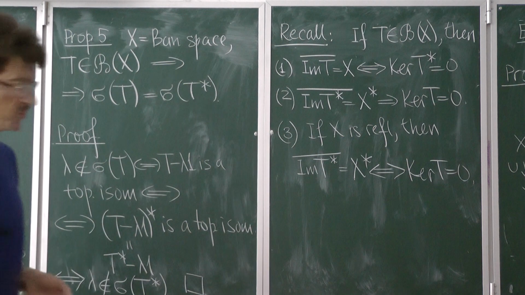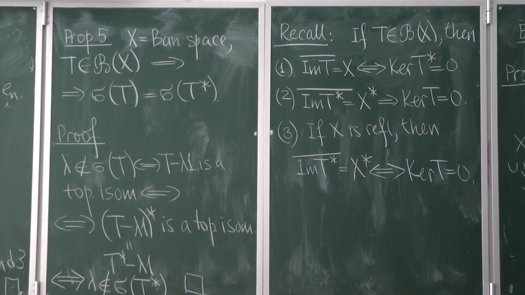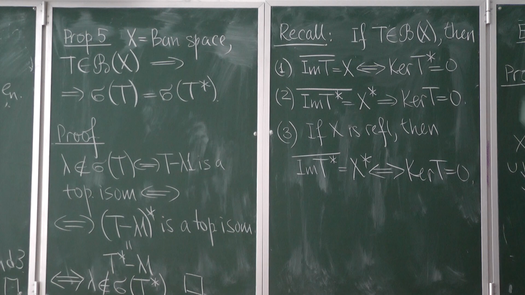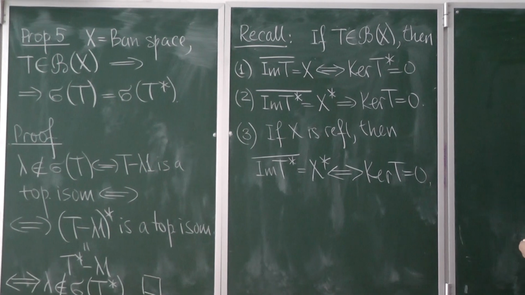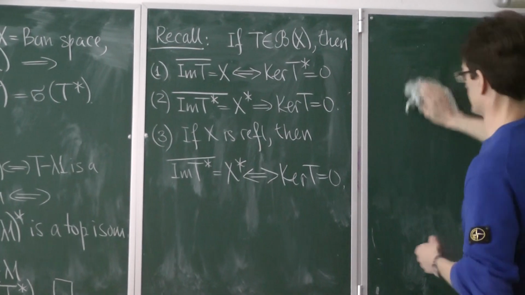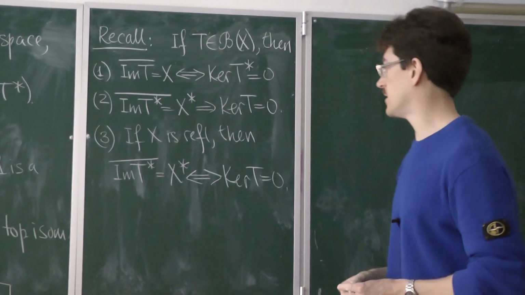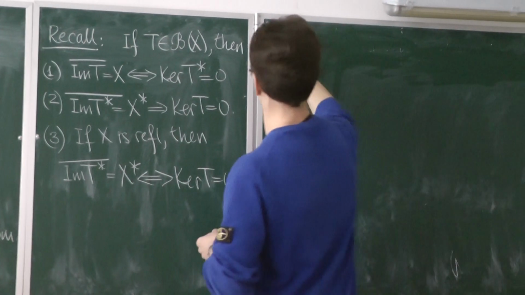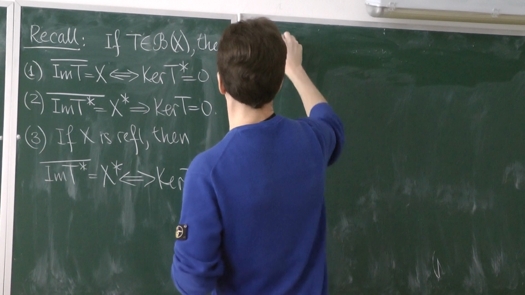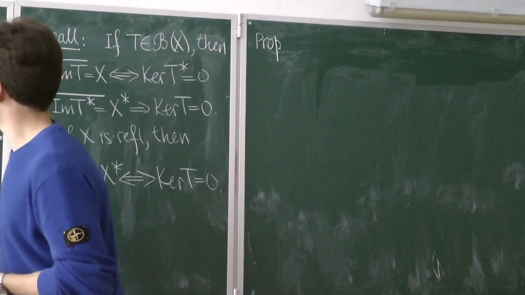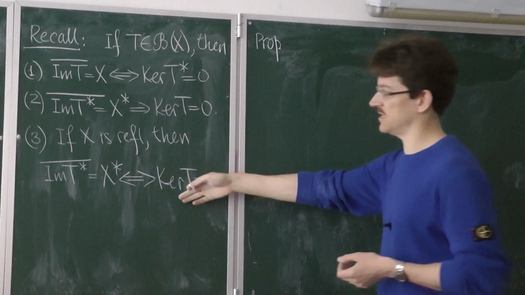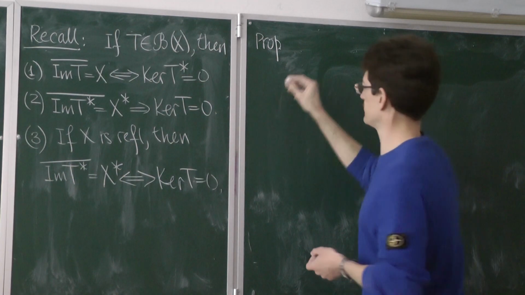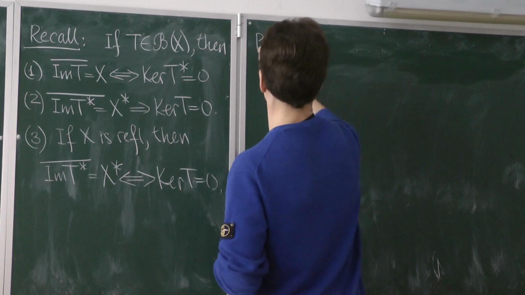So we already proved these results some time ago. Now let's apply them to the calculation of spectra. So we have the following proposition, proposition 6, which is almost immediate from these results.